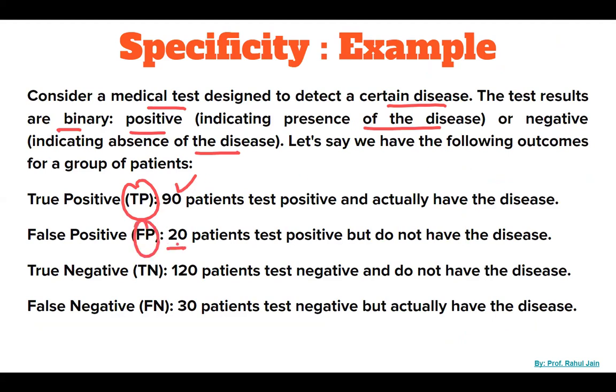False positives: 20 patients test positive but don't actually have the disease. True negatives: 120 patients test negative and don't have any disease. And false negatives: 30 patients test negative, but actually they have a certain kind of disease. So this is false negative.